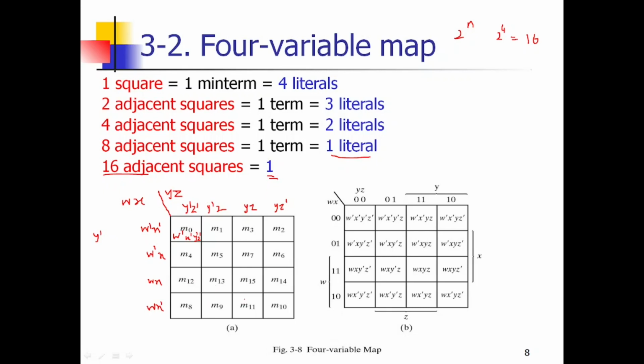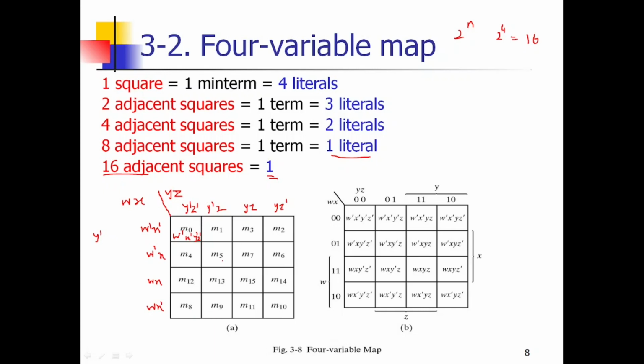If you have the terms plotted m4, m5, m12, m13, this is a quad possibility. And also the corner cells m0, m2, m10, m8: if they are plotted, then that is said to be a quad possibility.